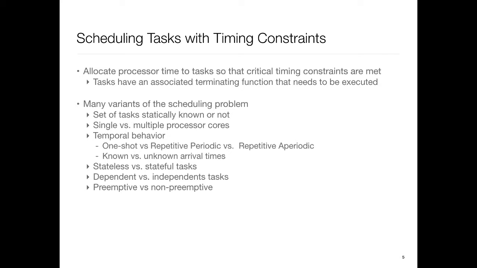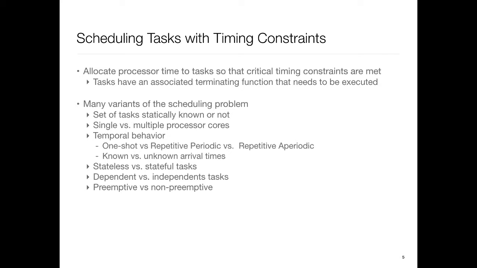I may have tasks which have state versus not. By state I mean one invocation of the task does something, and then I have some information that I need to carry over to the future one, so I have to worry about that. I may have tasks which are dependent, like one task needs the data produced by the other task.